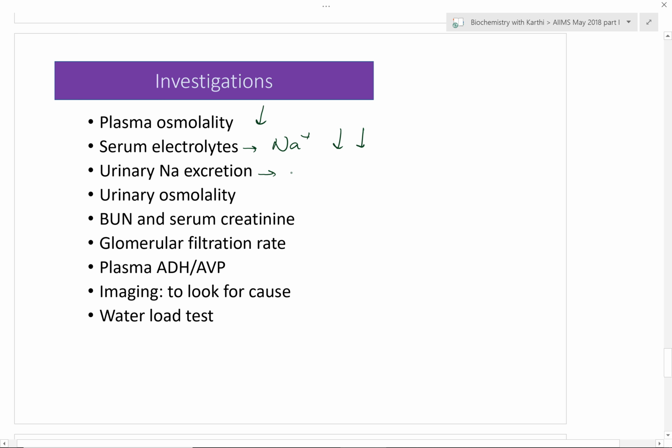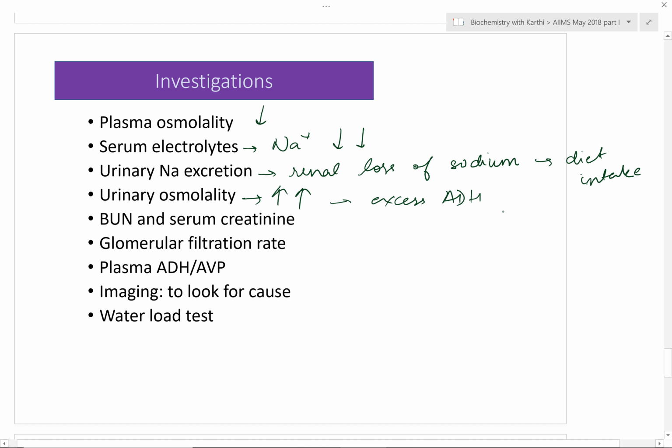There is still renal loss of sodium, so you're still losing sodium from your kidneys, but its levels in the urine will vary according to the diet, which is as seen in normal people. It will vary according to dietary intake. The urine osmolality will be increased because of excess ADH.